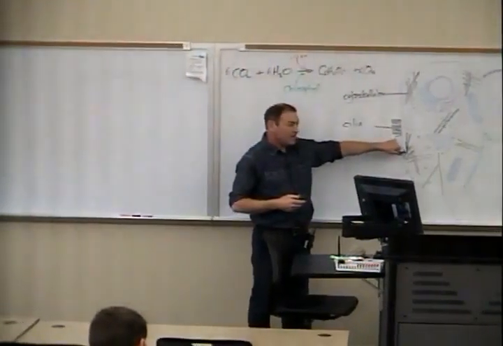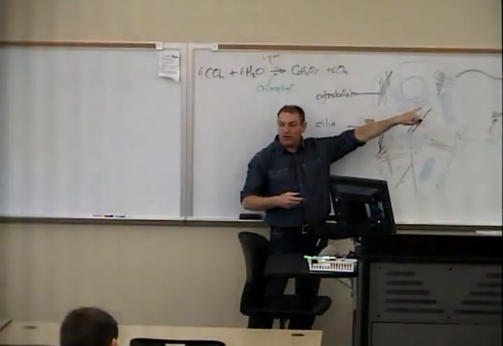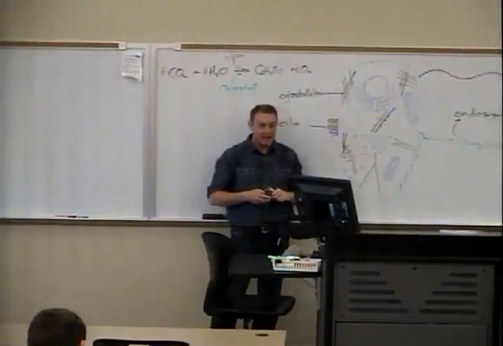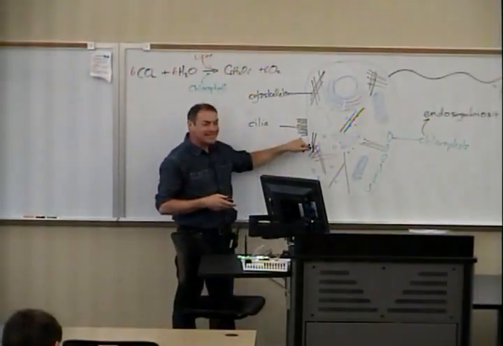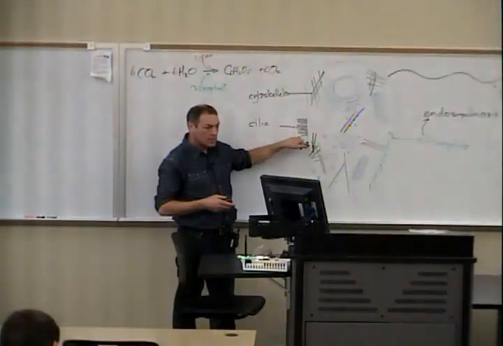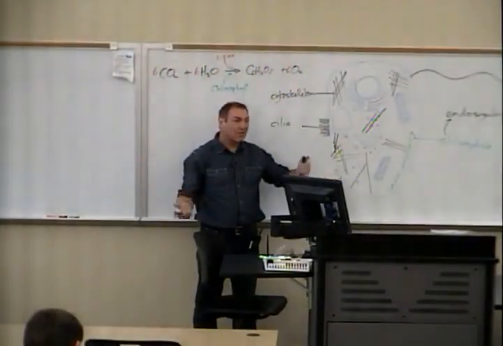So cilia are usually much shorter than the cell that they're attached to, and usually much shorter than a flagellum. There are usually many cilia present on a cell, whereas for the flagellum, there might only be one or maybe a few.